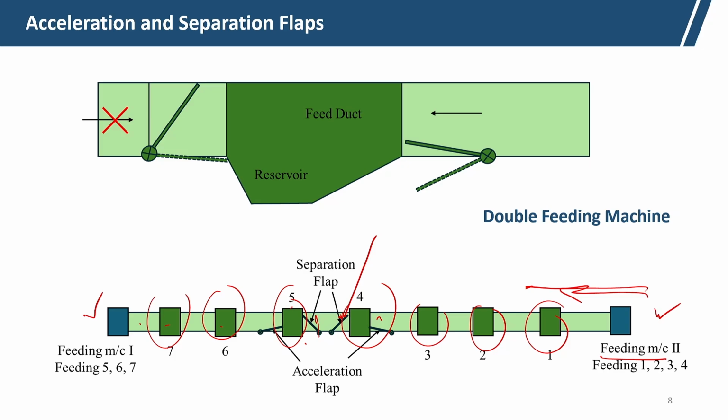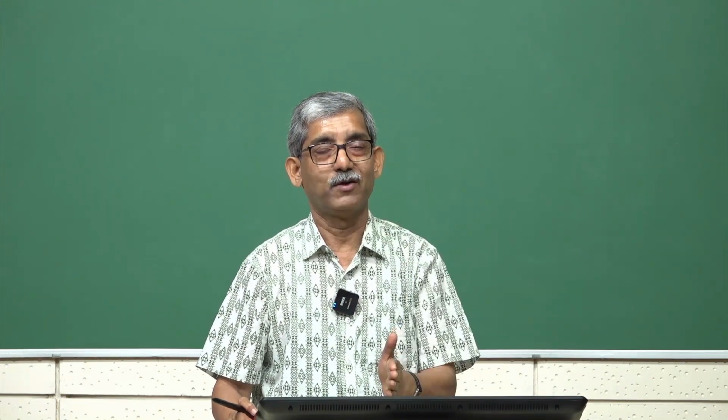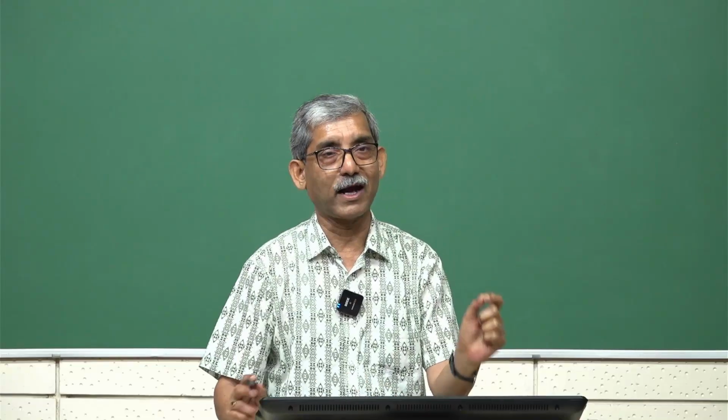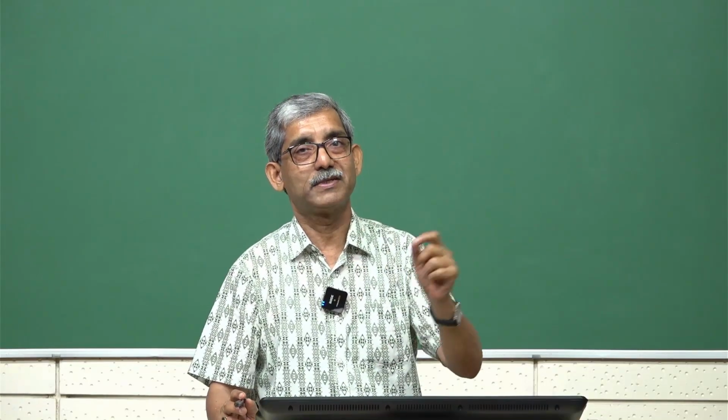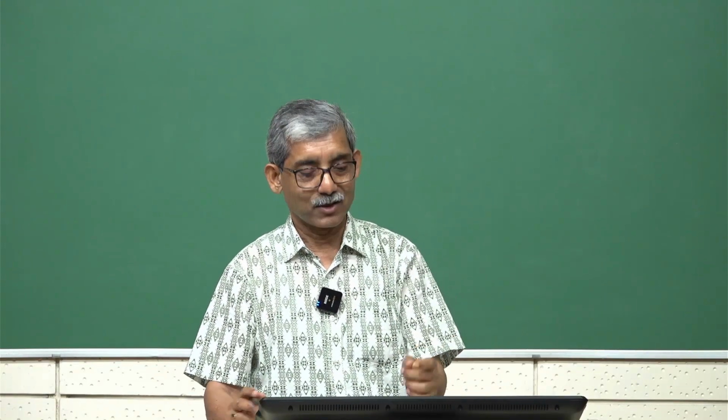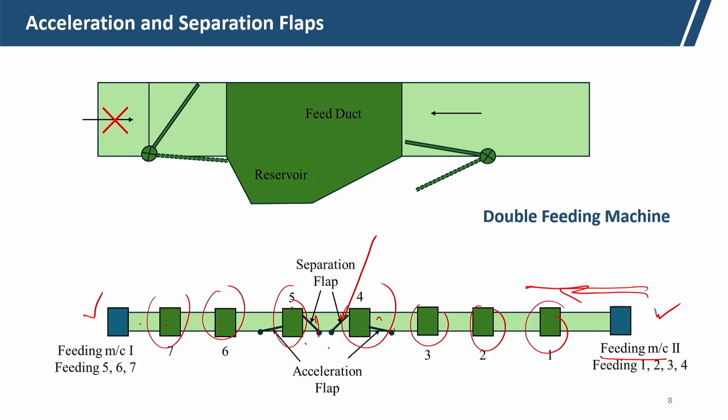Now, why do we use a flap? You may ask why we cannot give a blockage. We cannot give a blockage because tomorrow we may decide that machine 1 will feed 4, 5, 6, 7. So, this type of acceleration flap and the stoppage flap are present in almost all the units.